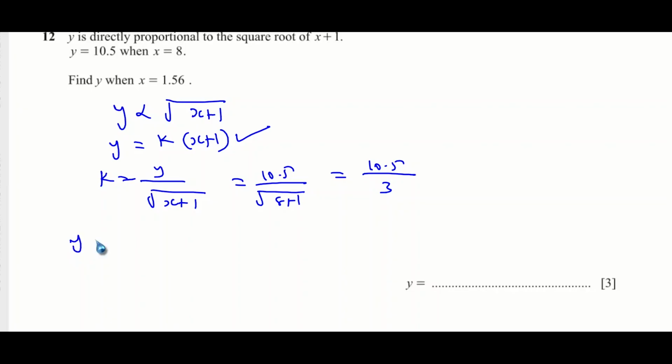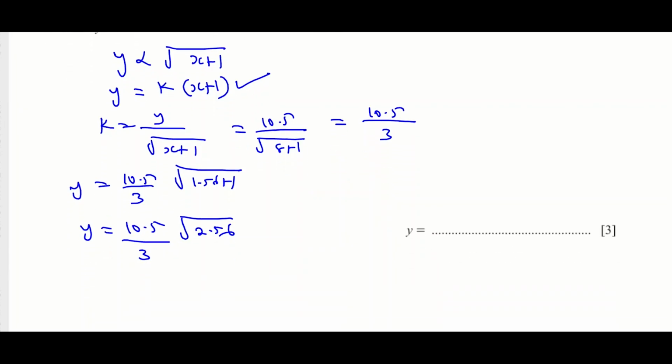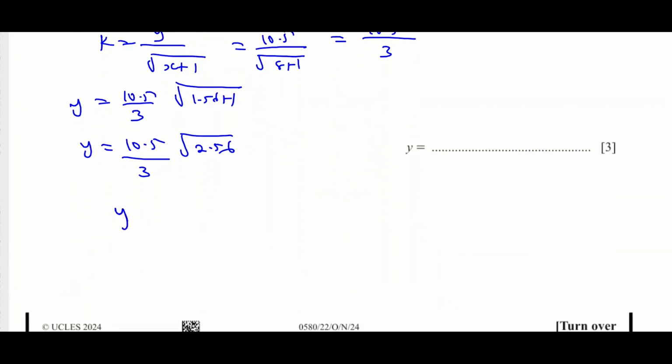So y equals k, which is 10.5 over 3, into the square root of 1.56 plus 1. So y equals 10.5 over 3 into the square root of 2.56. If you input this into your calculator, you should get the value of y to be equal to 5.6.